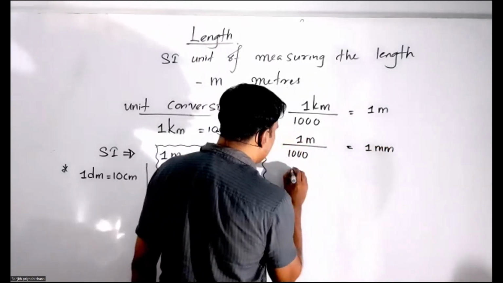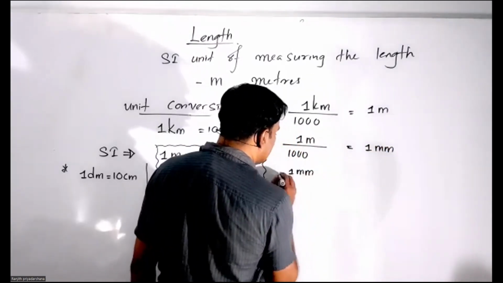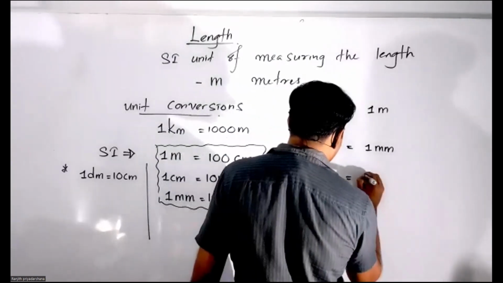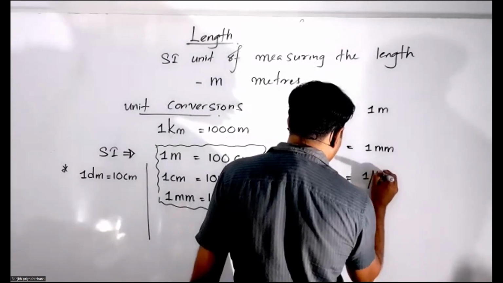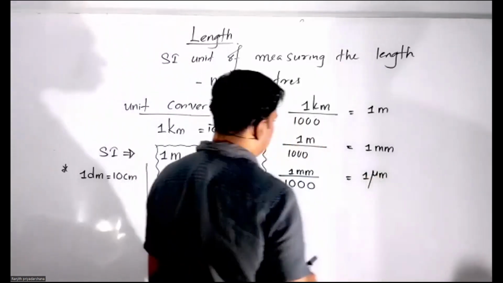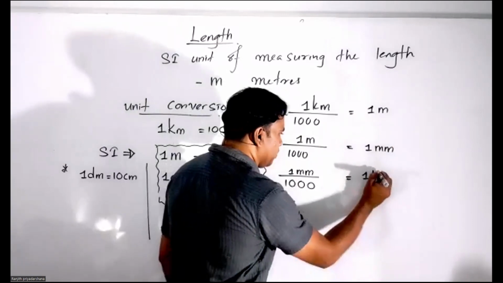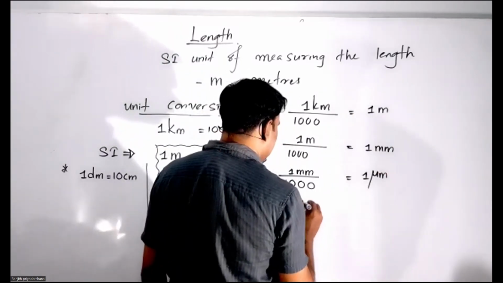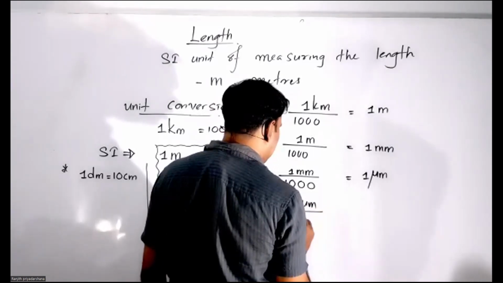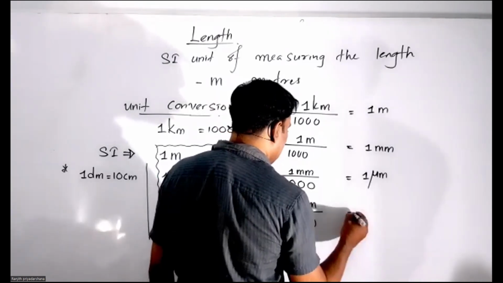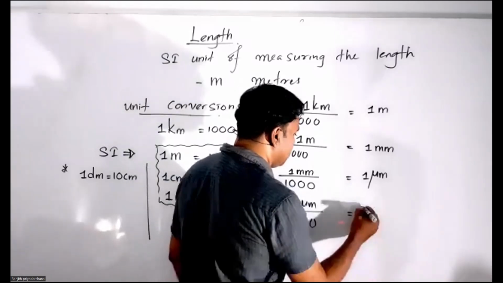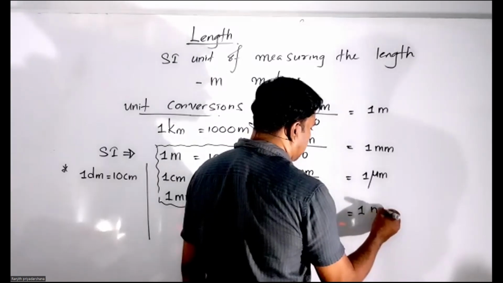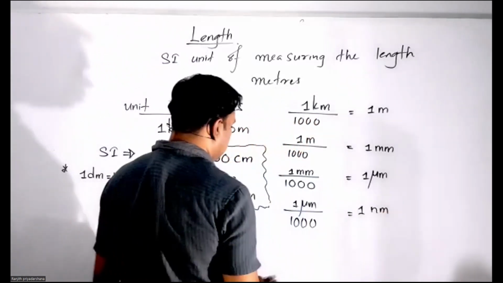Again, you divide 1 millimeter into 1000. That's 1 micrometer. This letter is mu. 1 micrometer is further divided into 1000, and you end up with 1 nanometer.